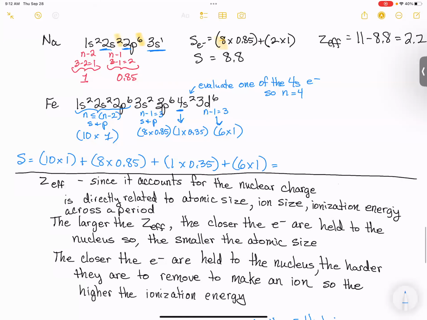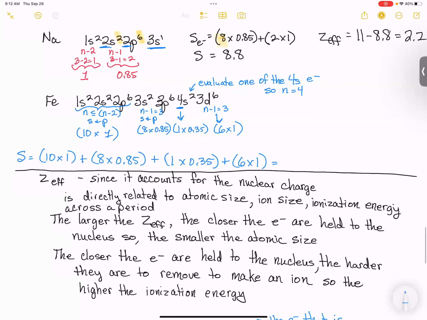So 8.8, and I add another 15 is 23.15. So our Z effective is going to equal iron, which is 26, minus that 23.15, or in other words, 2.85.